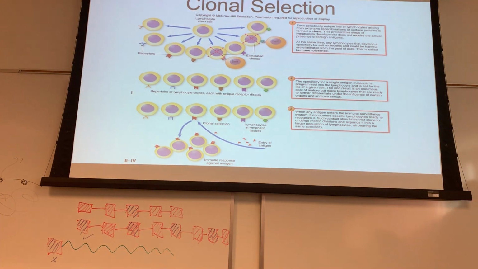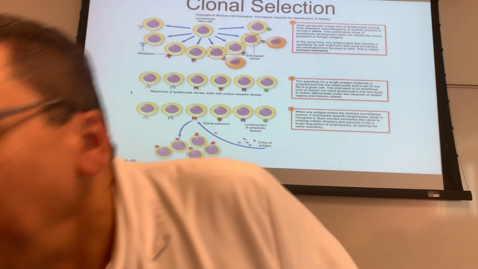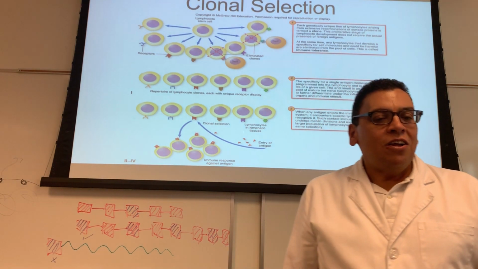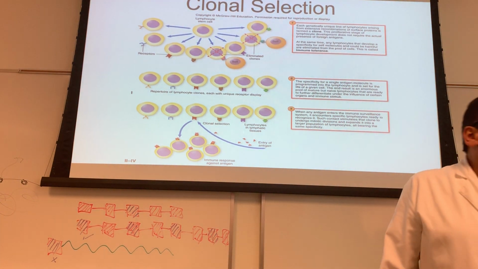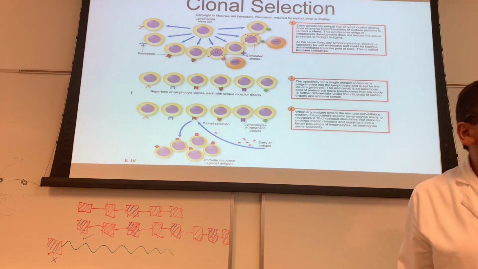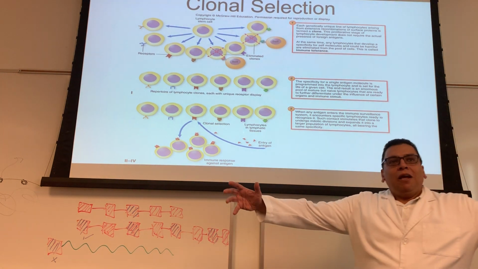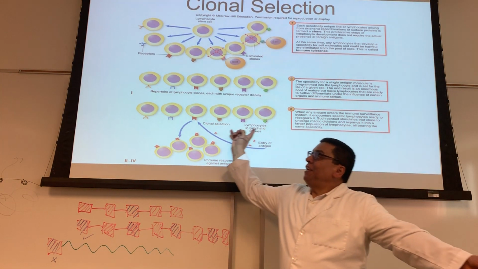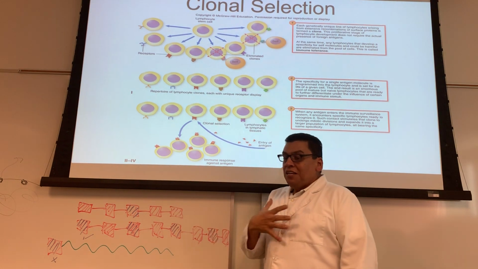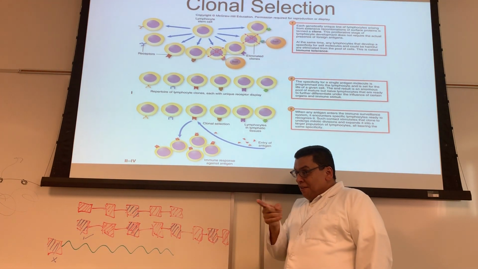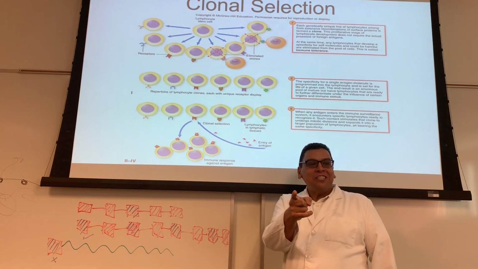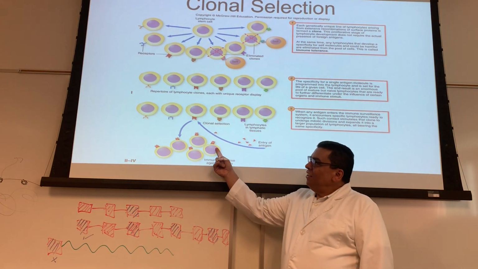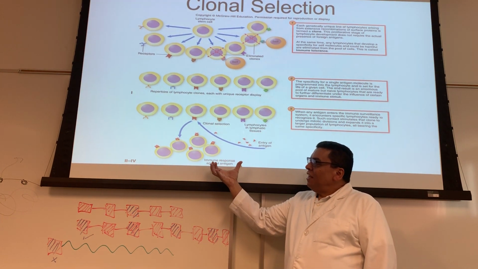So let's say Tanika recognizes the pink one. Here's Tanika, pink one. And then yellow one, and then green one, whatever. So you're my B clones. You're all of these. The T cell will say, oh, it's Haley's turn to do this.